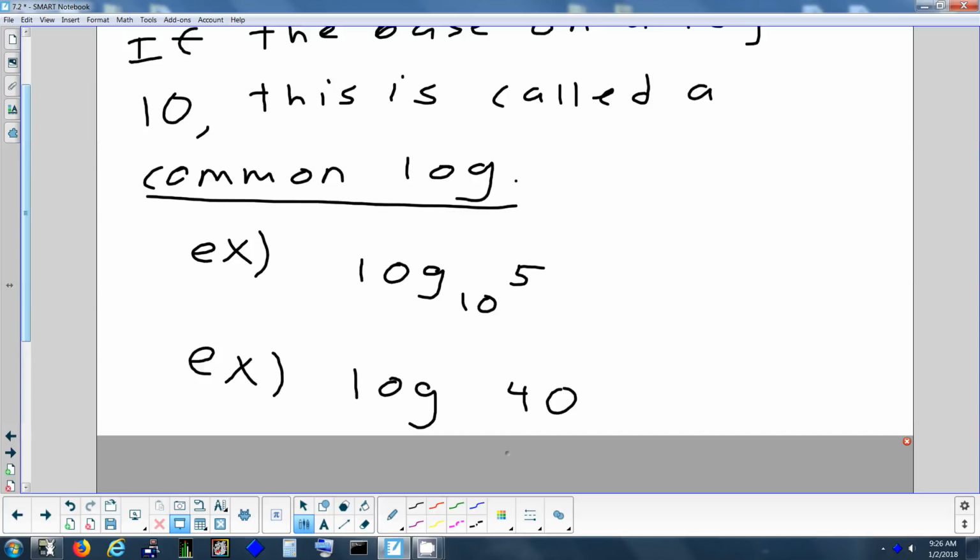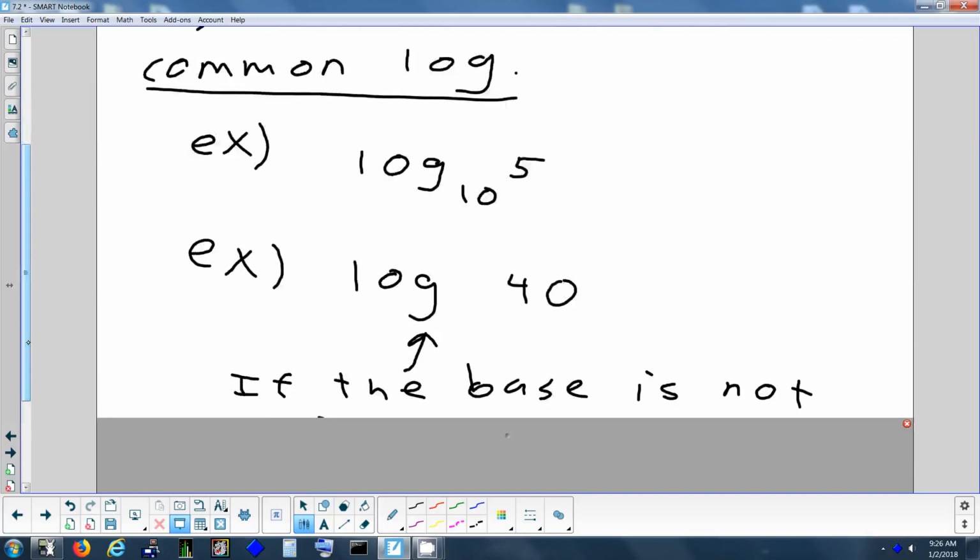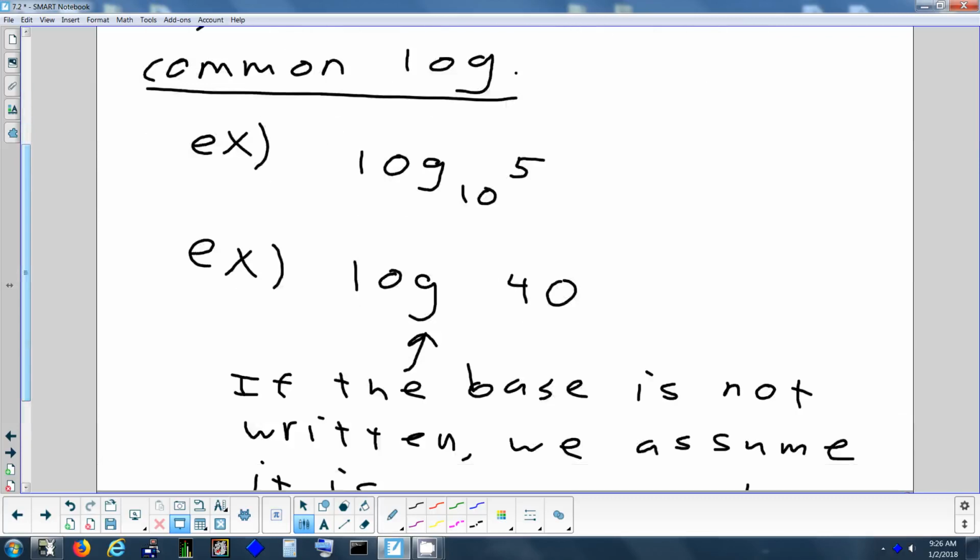Well, if you're doing a common log, you don't have to put the base. If the base isn't written, we assume you want common log. We assume the base is 10. It's kind of like in algebra, if you write an x, we assume you mean 1x. There's a 1 in front, but you don't have to write it. Same thing here.